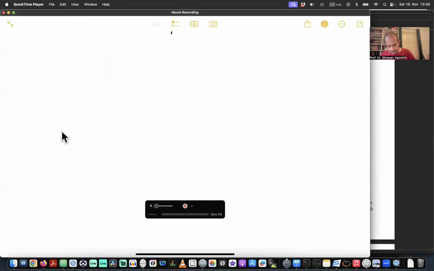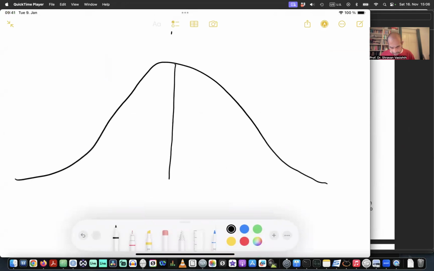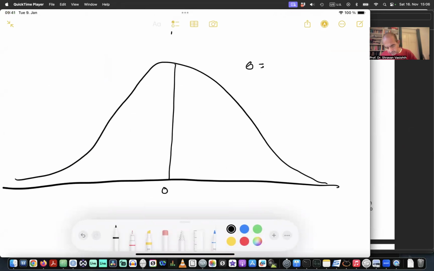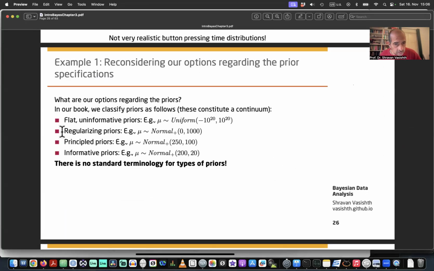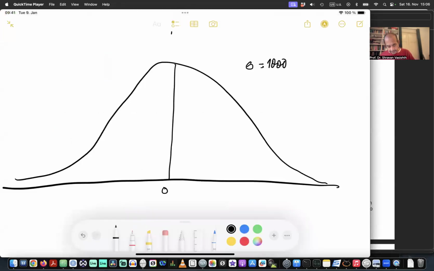I could set up an unconstrained normal distribution centered on 0, but with a standard deviation of 1000. This is on the millisecond scale, okay?